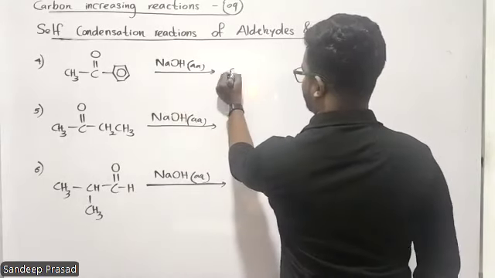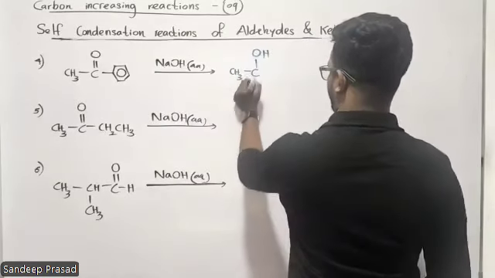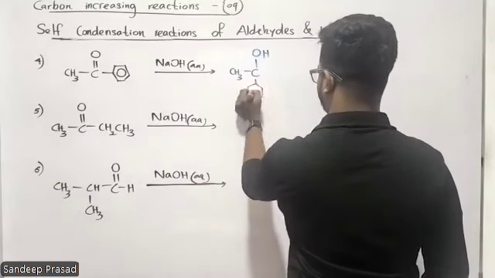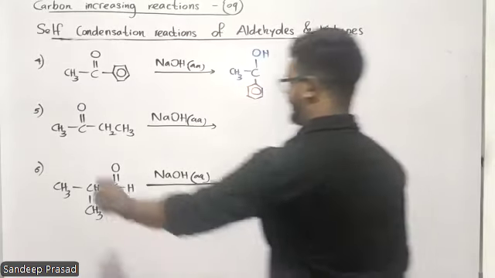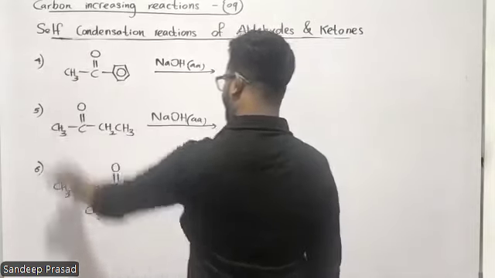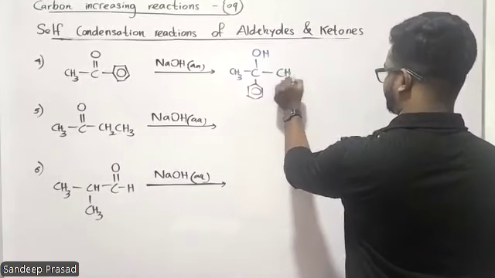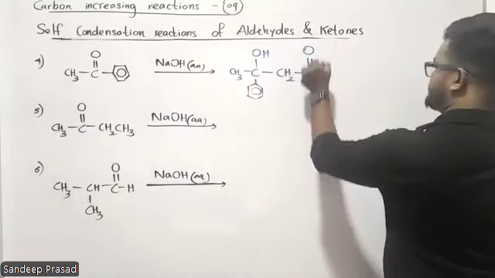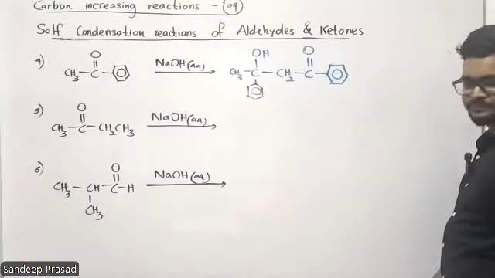As we discussed, in CH3 you can convert the carbonyl group into OH and put the benzene ring down. And remove one hydrogen from this CH3 group, then CH2, C double bond O, benzene ring.